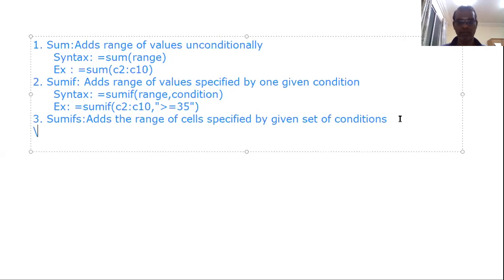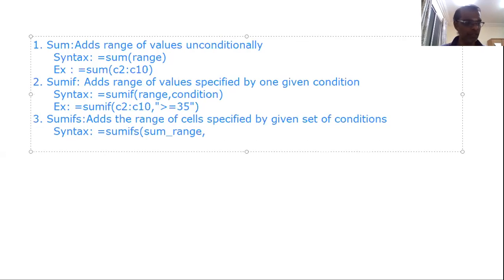You will see the syntax, I will explain. Equal to SUMIFS. Here C2 colon C10, comma, again some range, or range of values.